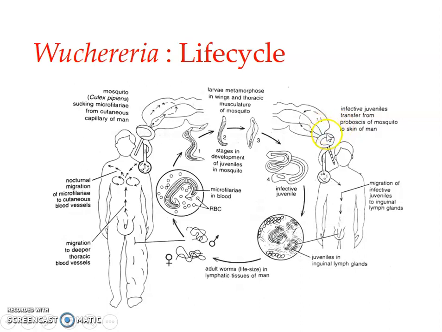And then when such a mosquito pierces its proboscis into another human host, the infective juveniles come out of the labium and enter the human blood. Okay, and in the human host, the juveniles pass into the lymph glands and lymph passages, where they coil up and develop into adult worms, and then it will continue with the life cycle. So this is how it happens.